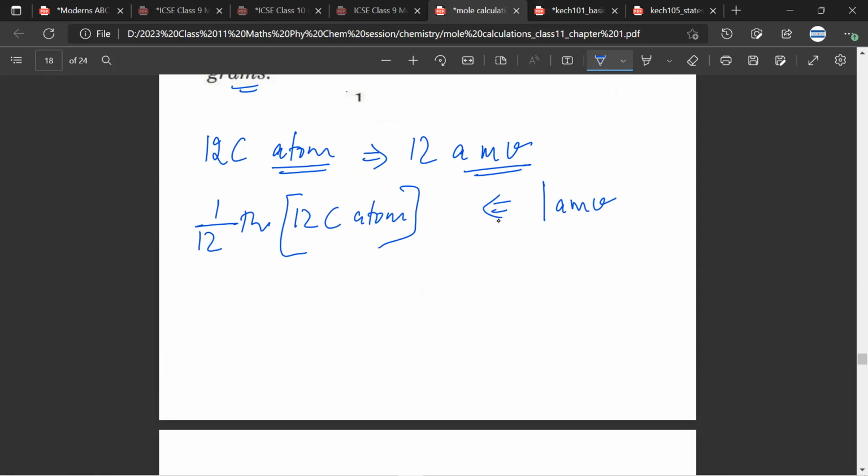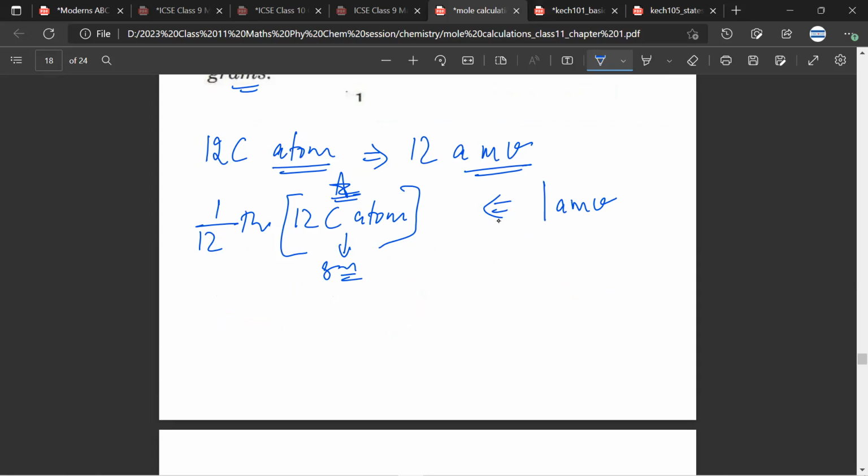Now, my only problem which remains is: what is the mass of the 12C atom in gram? Have you understood what I've said? Yeah. So if I can understand the mass of the 12C atom, then I would have the conversion between AMU and gram. Have we understood? Yeah.